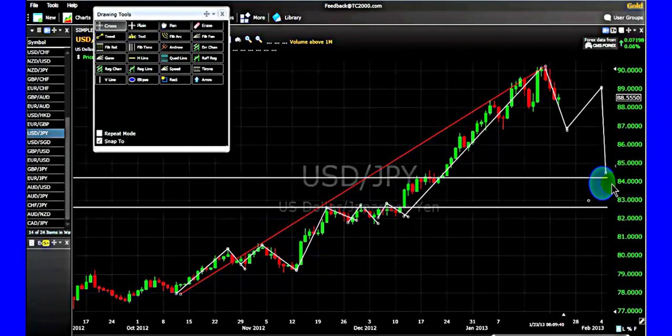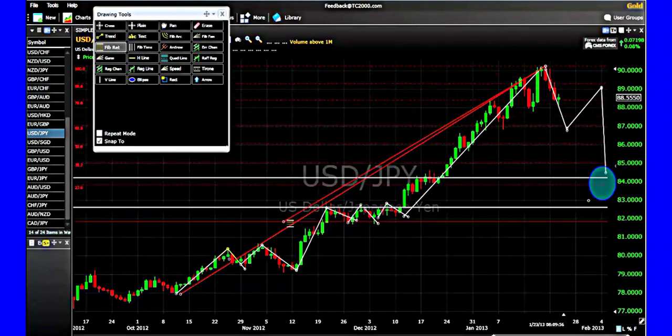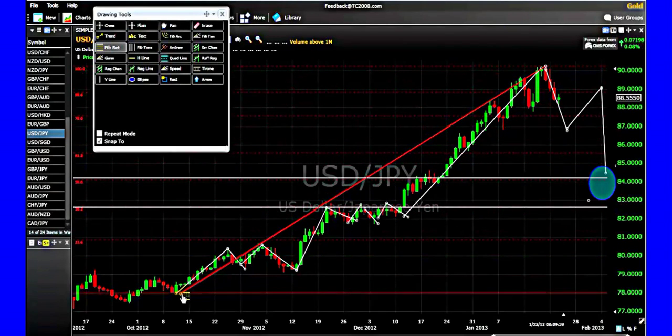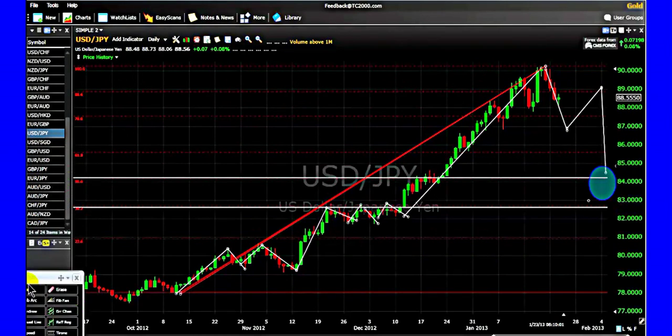As the price is moving from here to give us the third Elliott wave, we will also do the 176% projection of this move from here to this level. On this chart, I can't see where my 176% projection is.